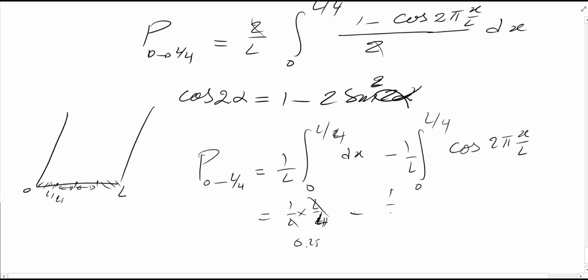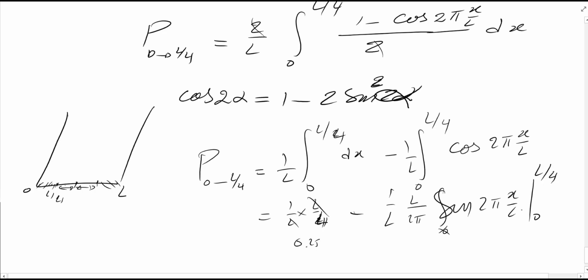Minus 1 over L. Now if I integrate this one, the integral of a cosine is a sine, but I have to multiply by L and divide by 2 pi, so it's the sine of 2 pi x over L between 0 and L over 4.